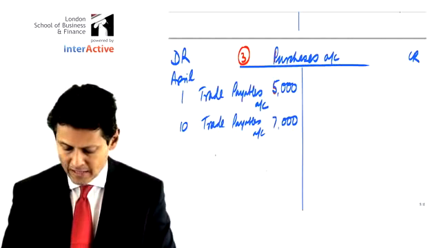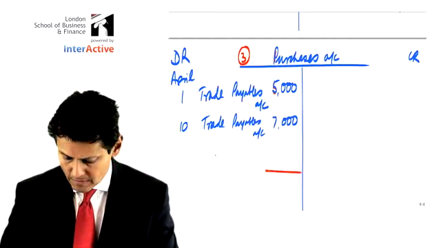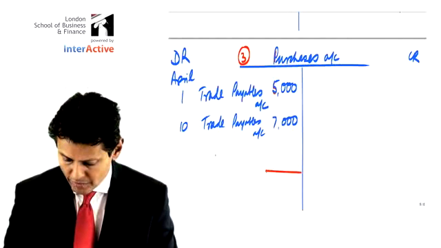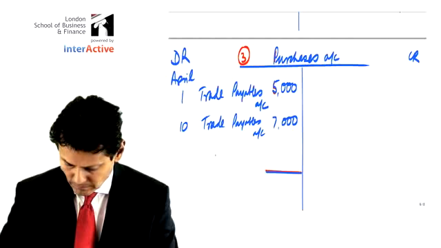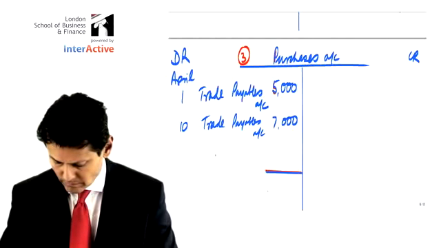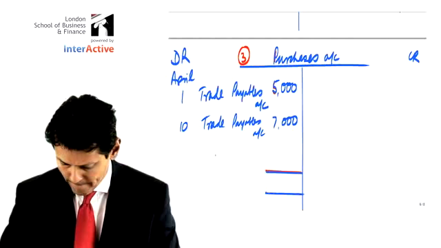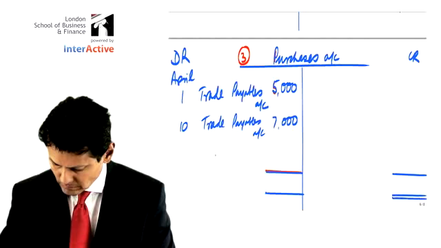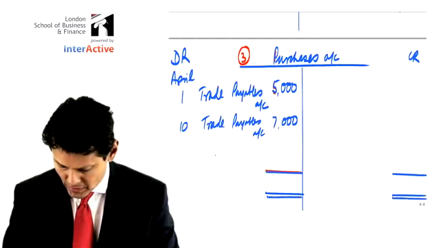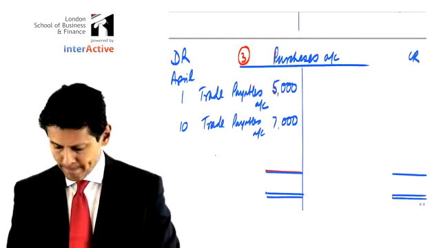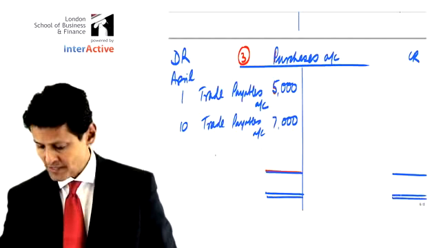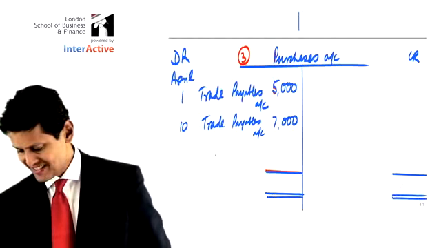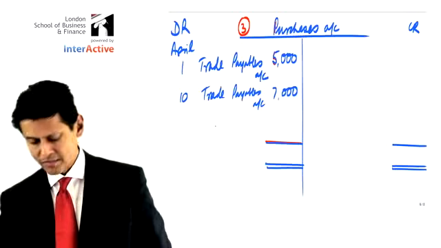Again, I'm going to leave 2 lines before I rule it off. In real life, a computer would do all this for you. But in the exam, you have to demonstrate some fairly basic skills so that you can control what the computer does.